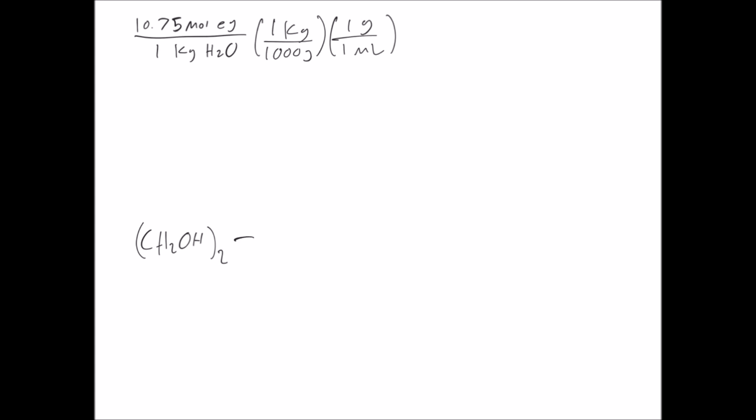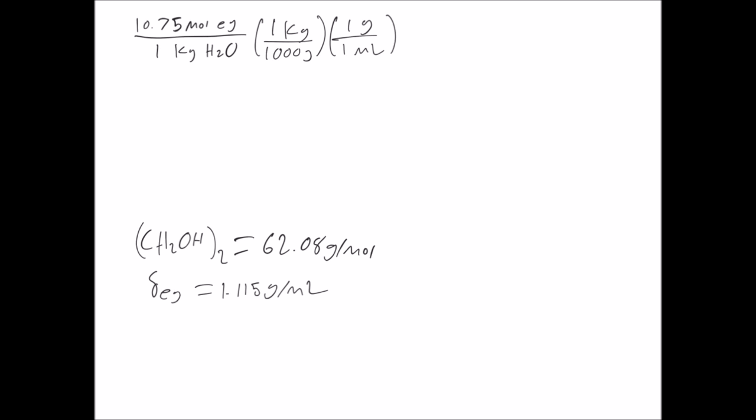So moving forward, we get that the molar mass of ethylene glycol is 62.08 grams per mole. The problem also gave us the density, so let's just go ahead and write that down here. So now we have all the elements we need to do this conversion, so let's continue.